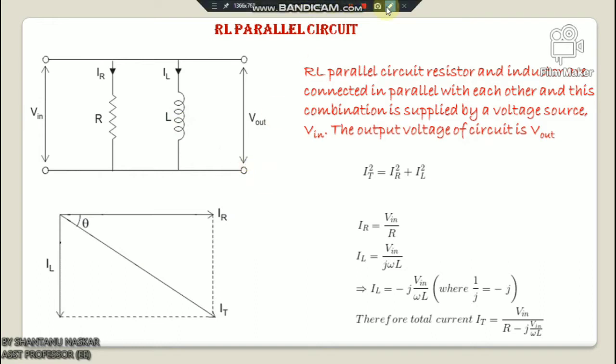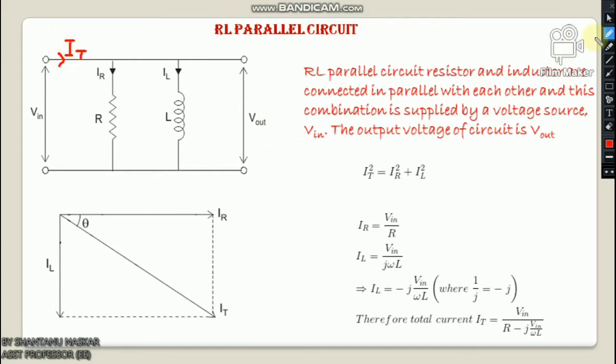Now let us say IT. Look here, the current flowing through this is IT. IT is the total current flowing from the voltage source in amperes.